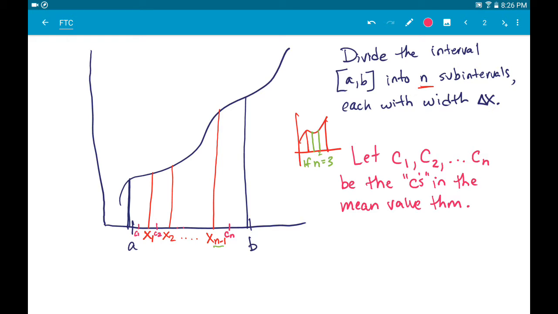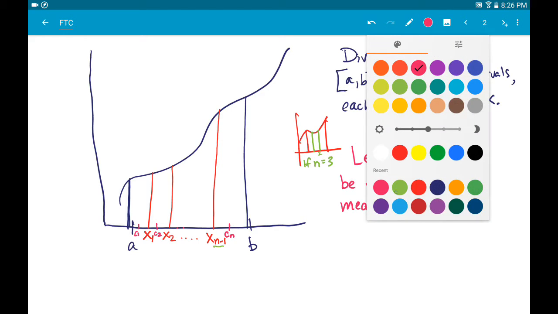So recall just quickly that the mean value theorem says that if you have a function that's differentiable and continuous at its endpoints, then there's some c value within that interval where the slope at c is the same as the slope between the endpoints. And so let me draw another picture here, a lot of pictures today.